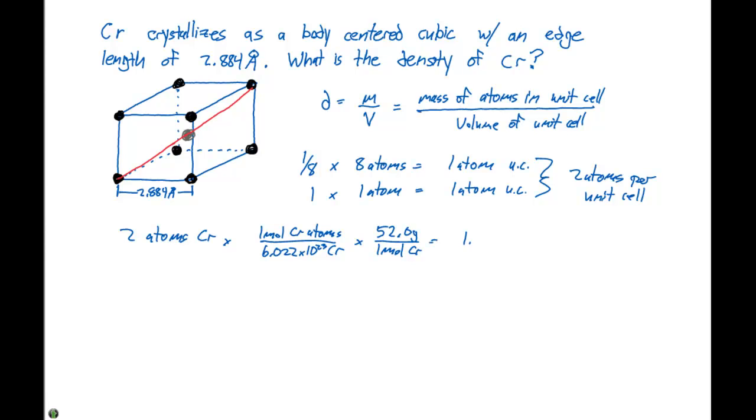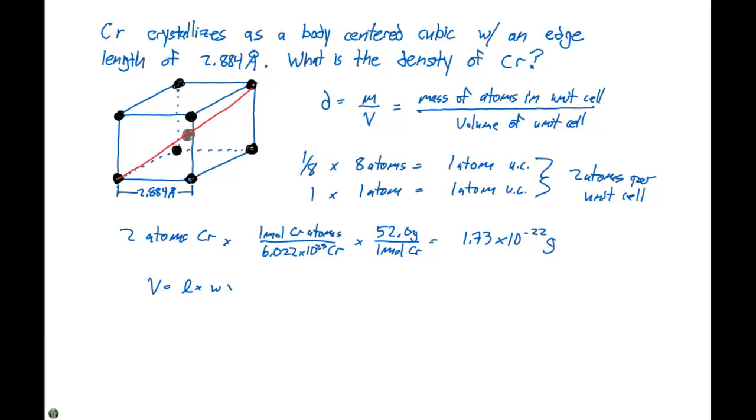This gives us a mass of 1.73 times 10 to the minus 22 grams. And again, we only have 2 chromium atoms, so our mass of those 2 chromium atoms is very, very small.